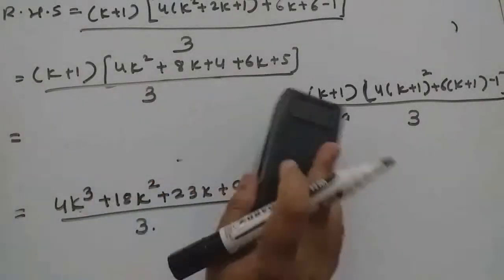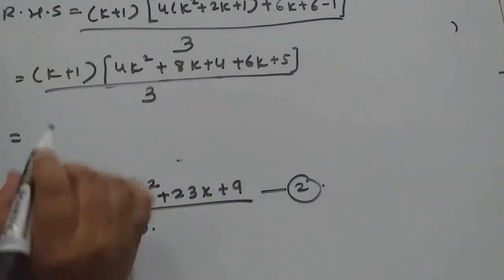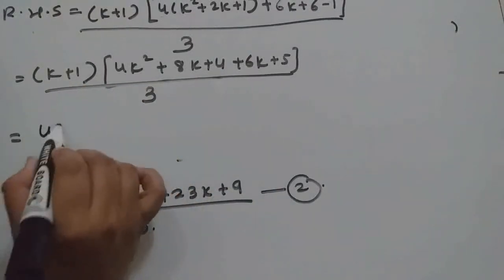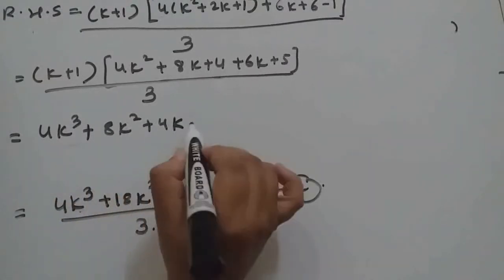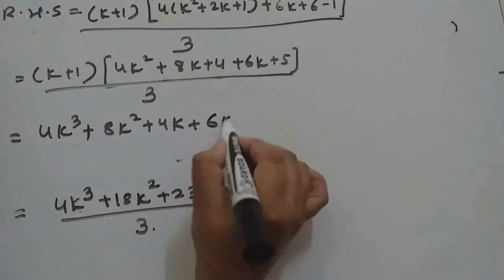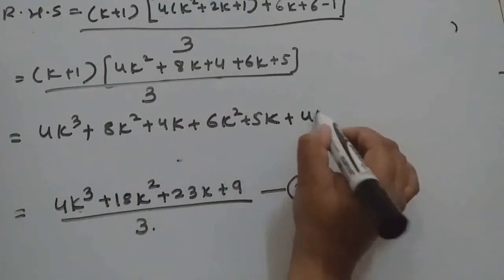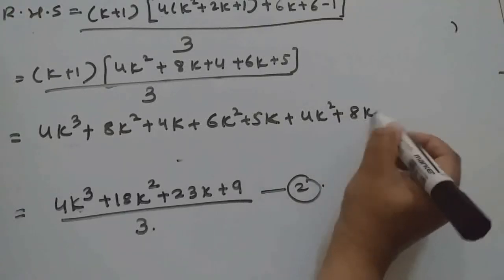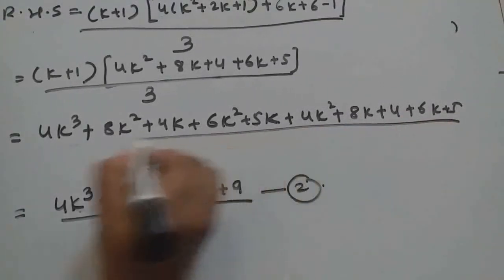Okay, now from k plus 1 we can open this bracket. So 4k cube plus 8k square plus 4k plus 6k square plus 5k. Now from 1 we can open, so 4k square plus 8k plus 4 plus 6k plus 5, divided by 3.